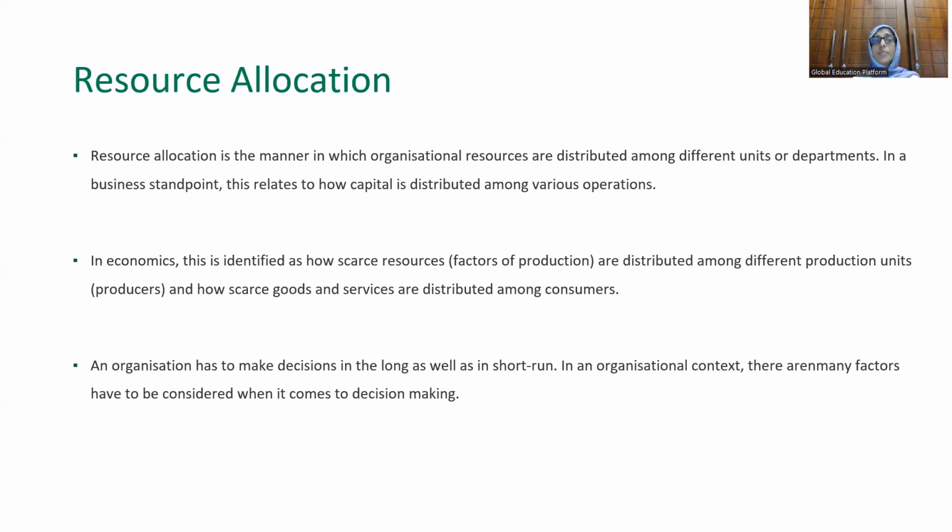What I'm going to explain to you now is how these resources are allocated, because it's very important to allocate the proper resources in a manner where the organization's resources are distributed among different units or even departments in a business standpoint, which is correct and appropriate.